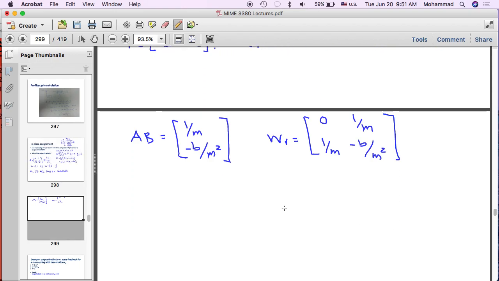Now we can calculate its determinant, which is going to be minus 1 over m squared, which is definitely non-zero. So if we have a limited mass, if the mass is not infinite, this system remains controllable. Which means what? What does it mean for this system to be controllable?